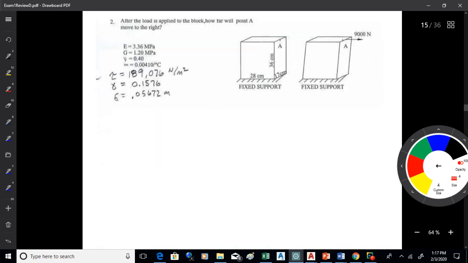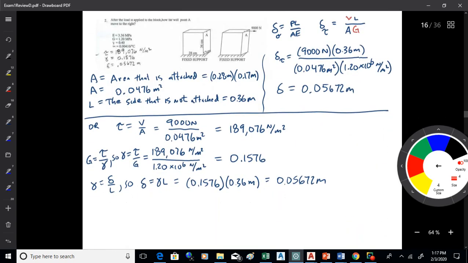Okay, the next one here, we got a block that's fixed. Those hatch marks mean it's fixed. So we want to figure out how far point A will move after that load is applied. So probably the quickest way to do that is to apply that formula.